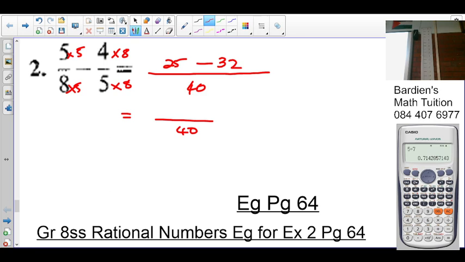So the ultimate answer is going to take the sign of the larger number. Okay, so it's negative. And I subtract the two numbers, 32 minus 25. It's going to give you 7. Negative 7 over 40.